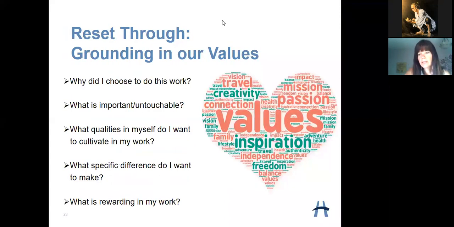Values, folks. I can't say enough about values because they are truly protective. When we can be grounded in what's important to us, whether that be my sense of courage or kindness or wanting to make a difference, and remind myself of that on a regular basis, that helps me stay steady.